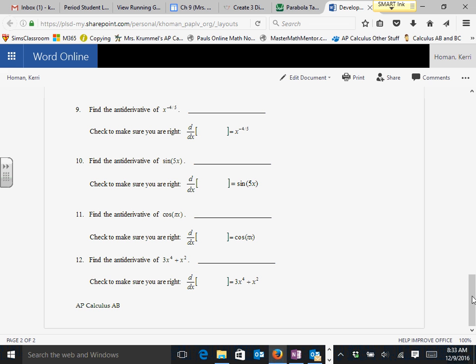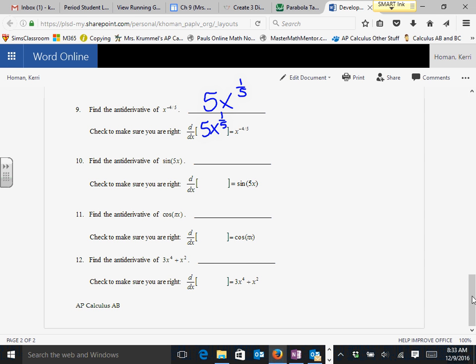Michael, number 9. What's the antiderivative of x to the negative 4/3? 5x to the 1/5. Okay, because when we take the derivative of 5x to the 1/5, we get x to the negative 4/3. All right. Antiderivative of sine of 5x. This is where it got tricky?